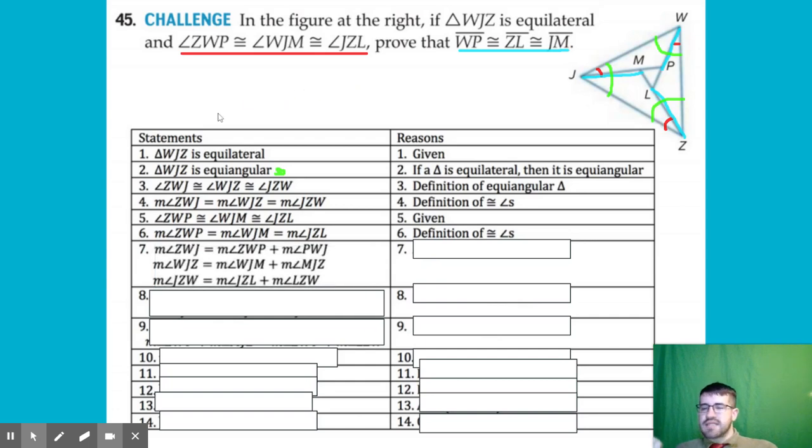And we're going to formally state that in step 7. So the measure of ZWJ equals the measure of ZWP plus the measure of PWJ. WJZ equals WJM plus MJZ. And the measure of JZW equals the measure of JZL plus the measure of LZW.